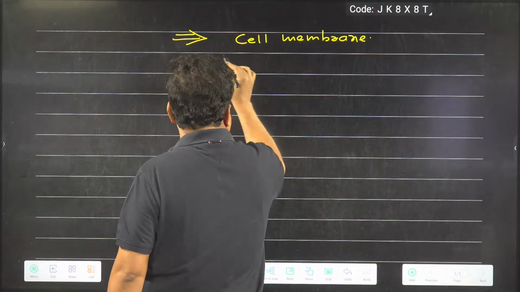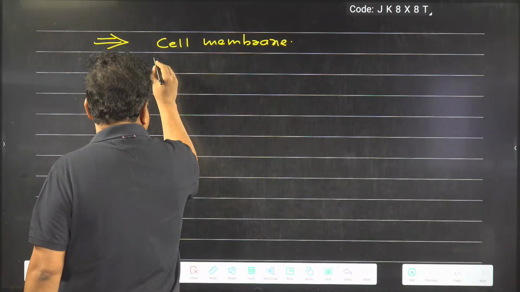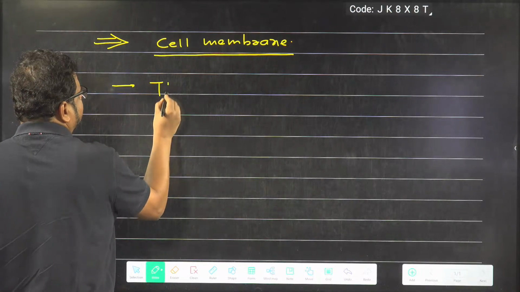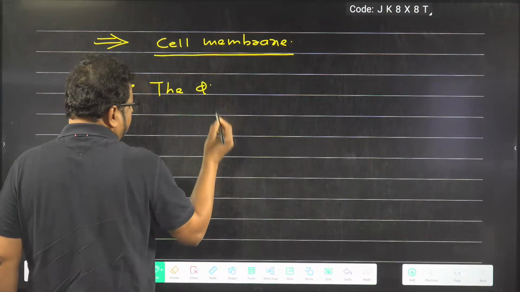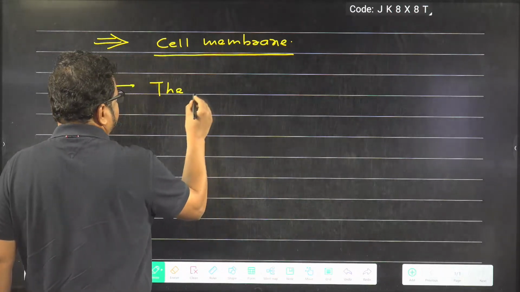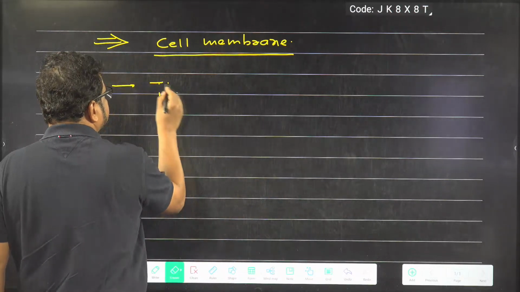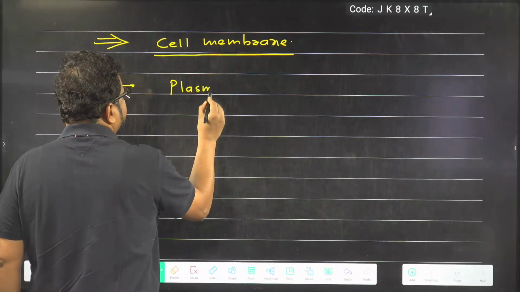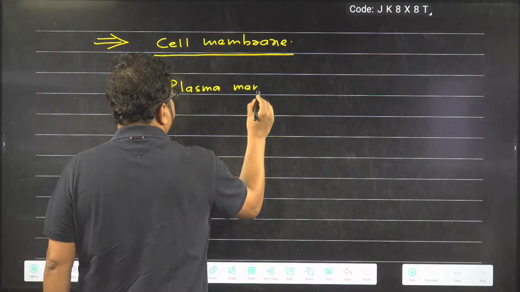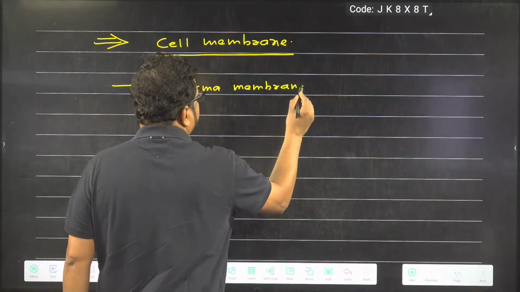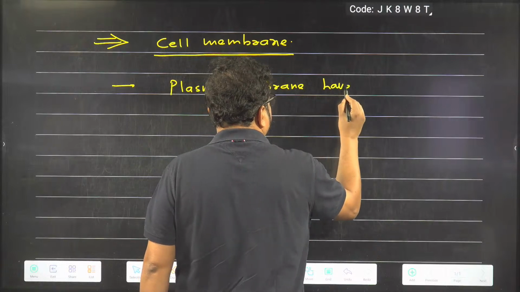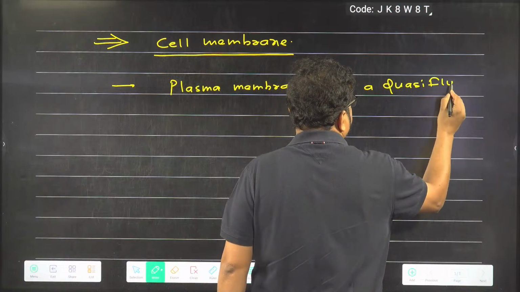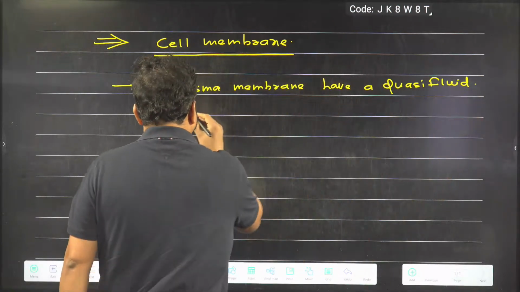In last class, the last line I wrote was that the plasma membrane has a quasi fluid structure. Plasma or cell membrane, same thing.